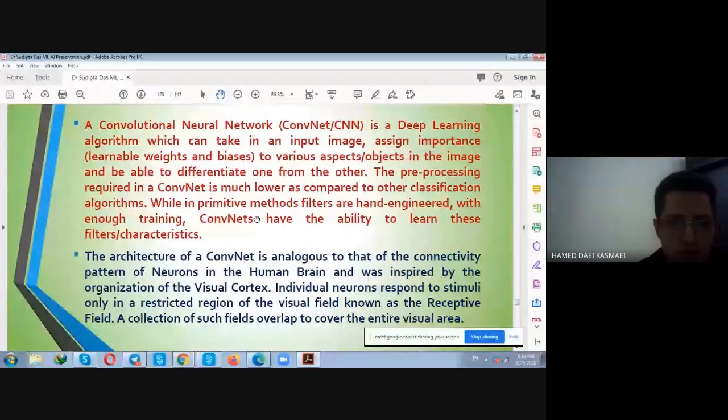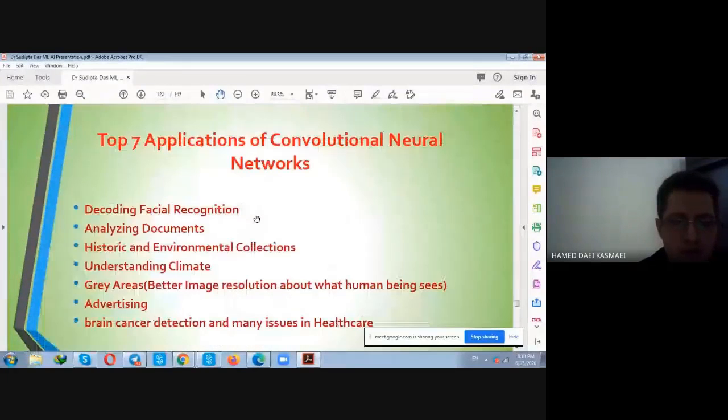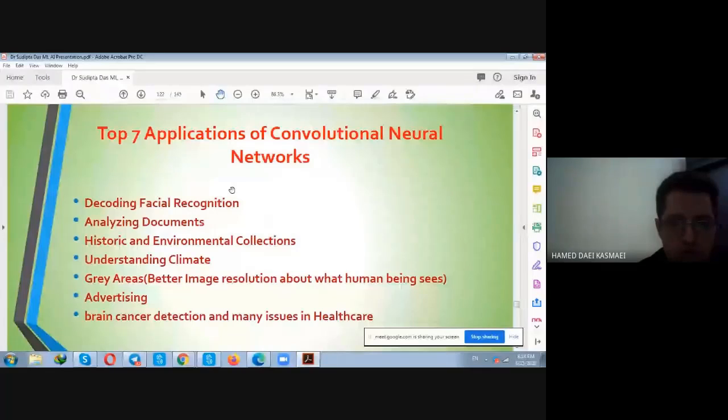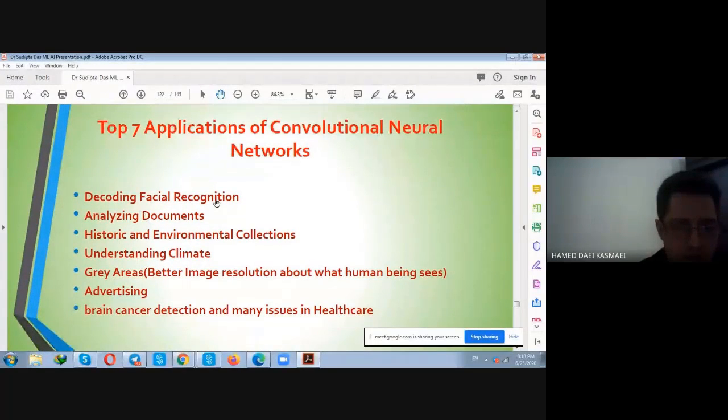You will see here there are 7 applications for convolutional neural networks: decoding facial recognition, analyzing documents, historic and environmental collections, understanding climate and forecast. Gray areas mean better image resolution than what a human being sees.